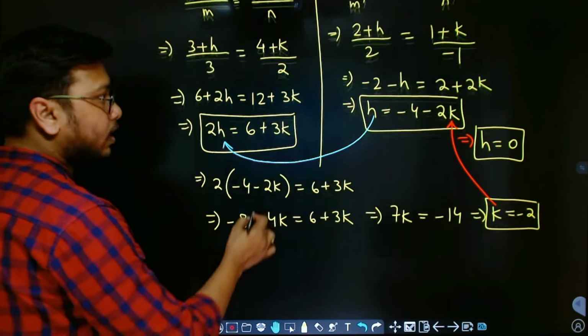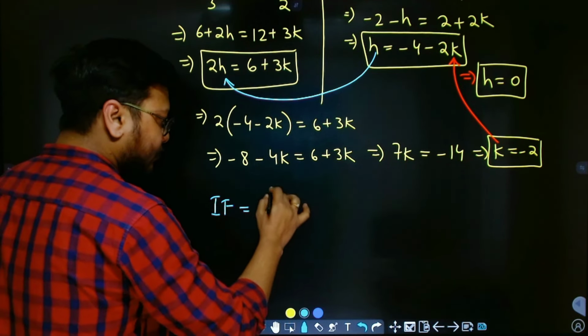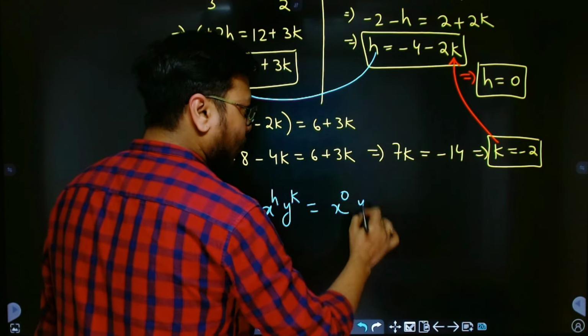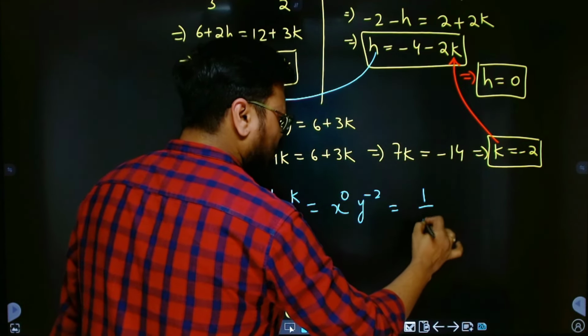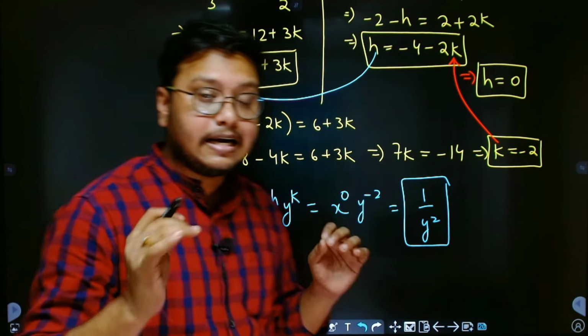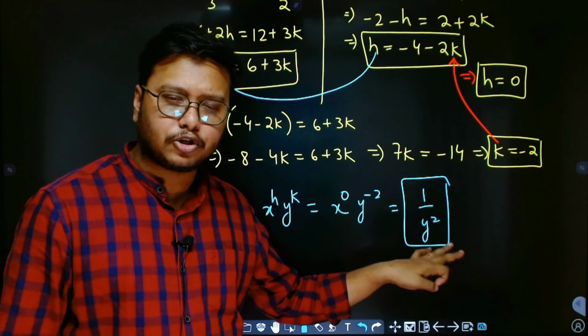Now remember, what was our integrating factor? Our integrating factor was x to the power h, y to the power k, which is x to the power 0, y to the power minus 2. So that means 1 by y square is my integrating factor. Now you might be thinking, my integrating factor is a function of y.